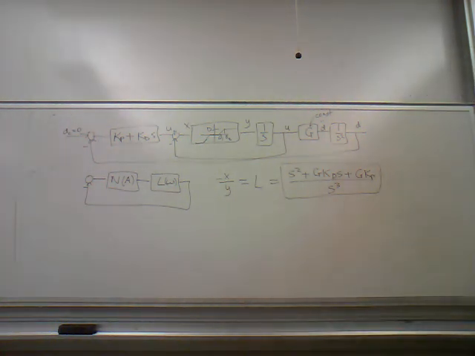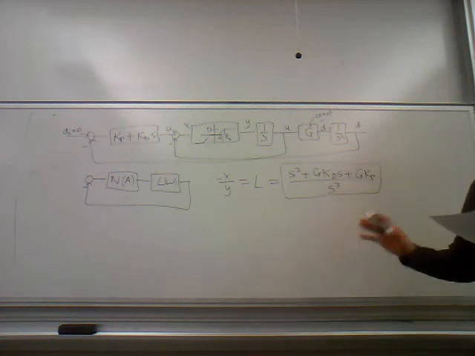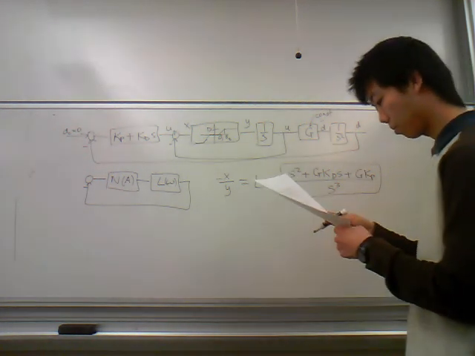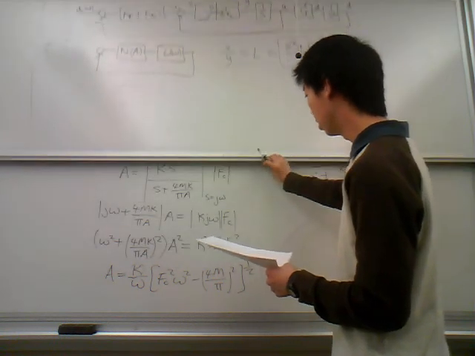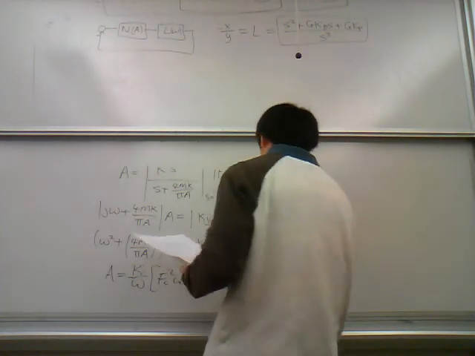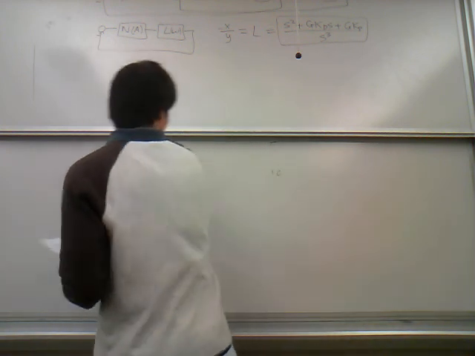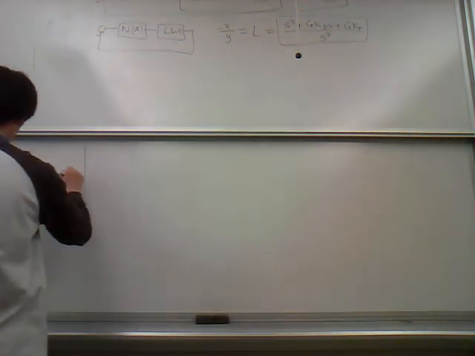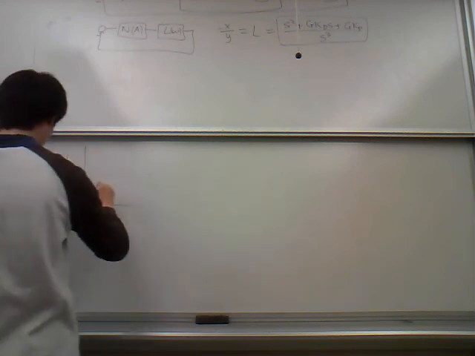And in the second part of the question, he gave you Bode plots of N and L. So we're looking at something like this.